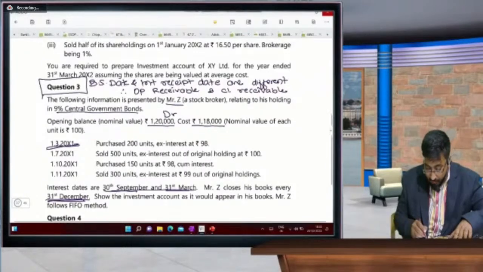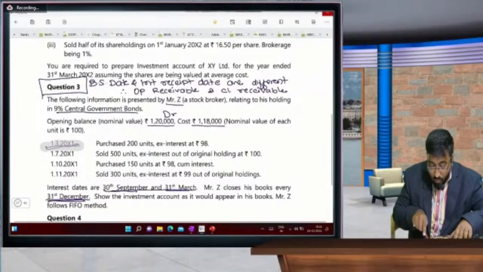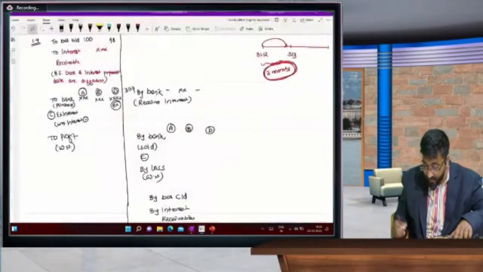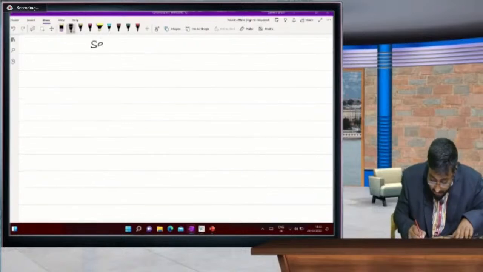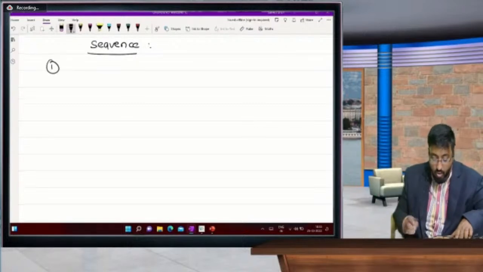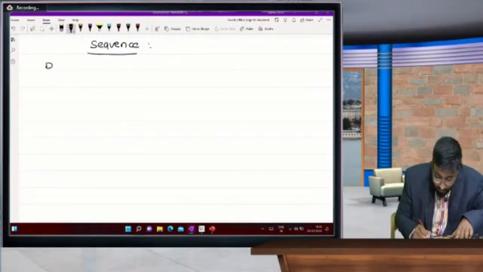Now beta, this is 1st March. First, what you have to understand is the sequence. Any problem, I start with sequence. You can write this sequence and then after that, you can tell me the answer. So what is the date? First date is, beta, and event. What is the date, beta?